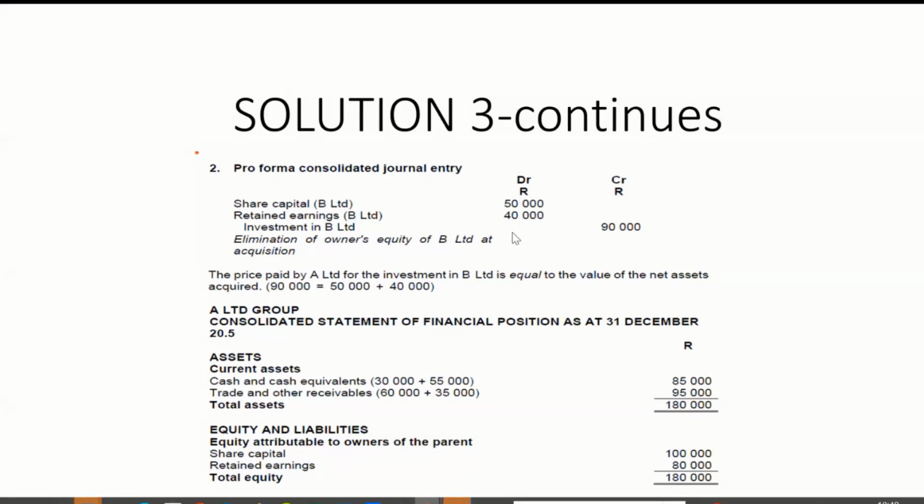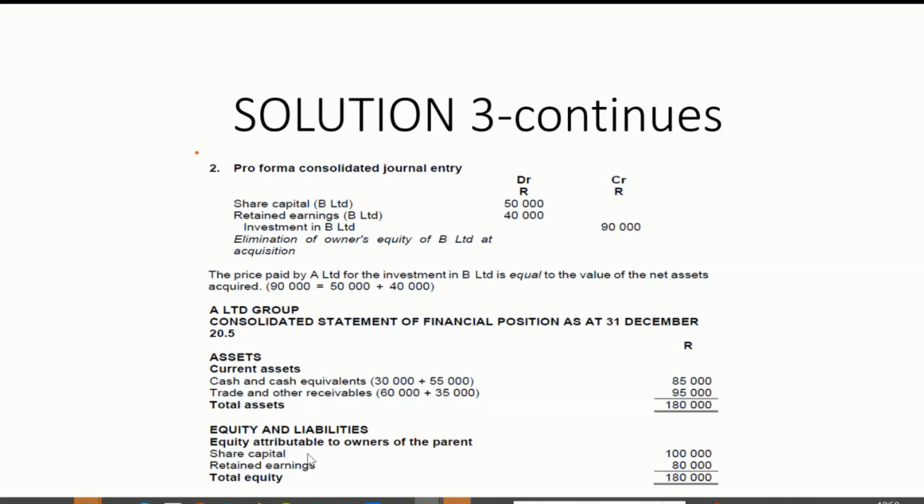Then you minus 40,000 by this journal entry, debit retained earnings of 40. That means you've eliminated it. So 80 plus 40 minus 40 gives 80. They didn't show the plus, but that is it.